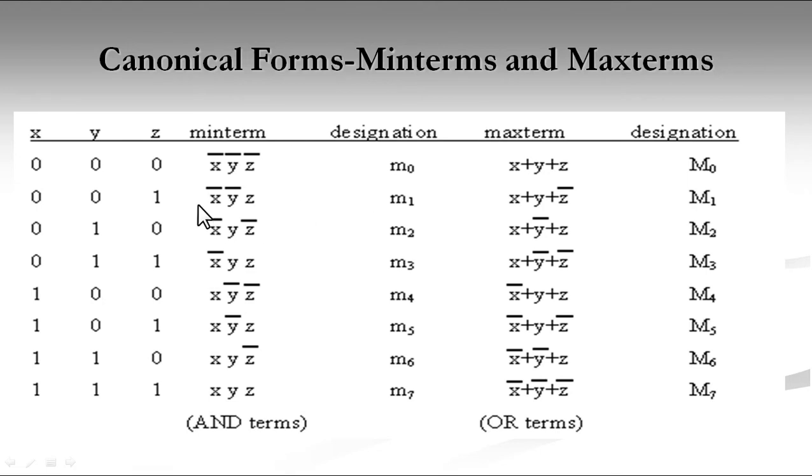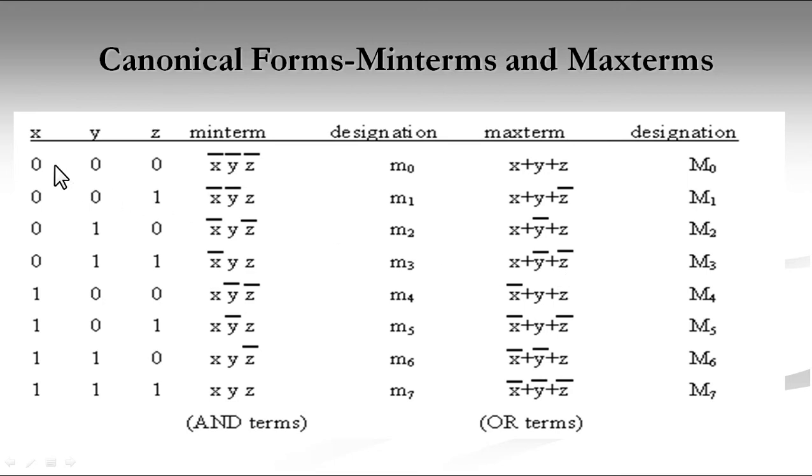So if the variables are x, y, z, their combinations will be 8. Total 0 to 7 designations are available because there are 8 values when you count 1, 2, 3, 4, 5, 6, 7 and 8. So this is the designation for the minterm.